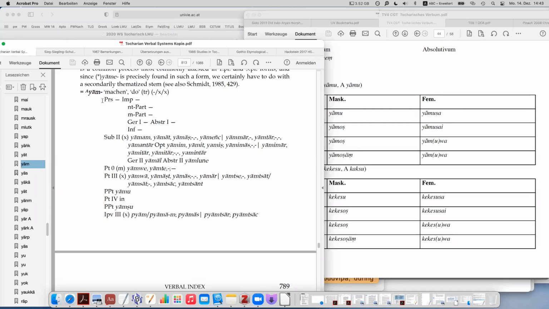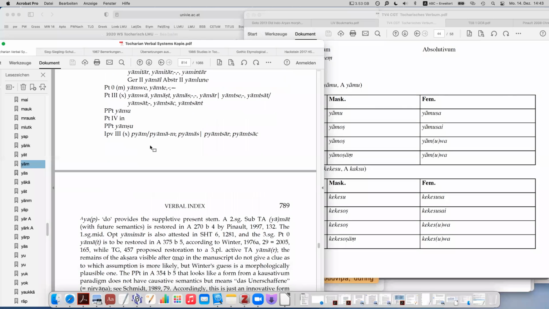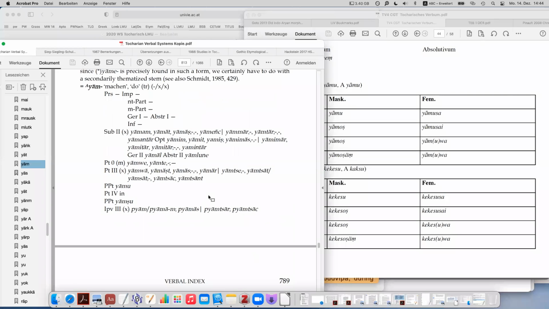The reason is that in Tocharian A, the present has another root, called yap. You find it here. So yap provides the present stem. Again, we have a suppletion here in Tocharian A, yam. So you can see the participle is called yamu.